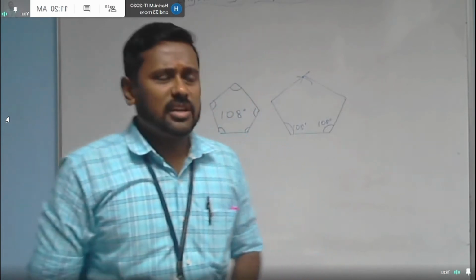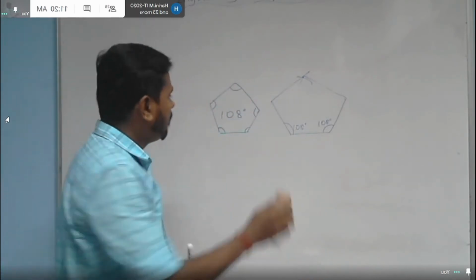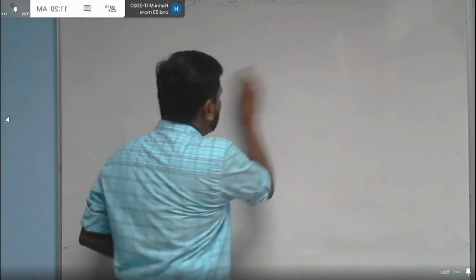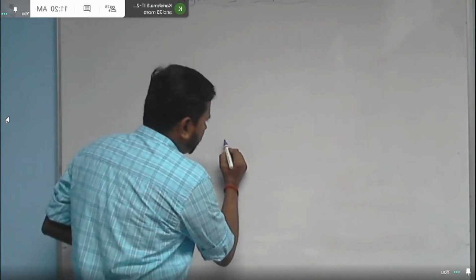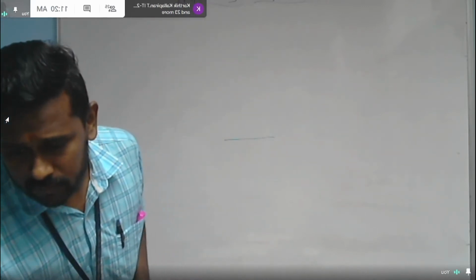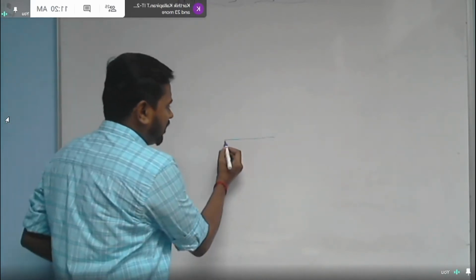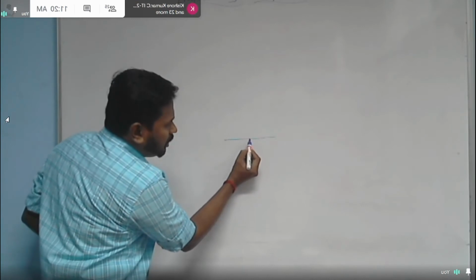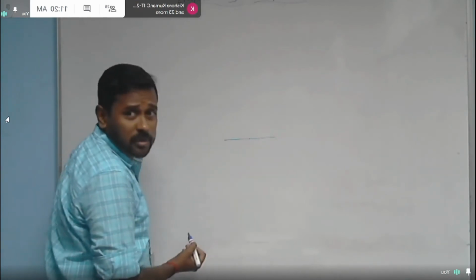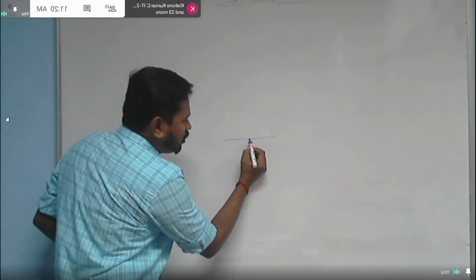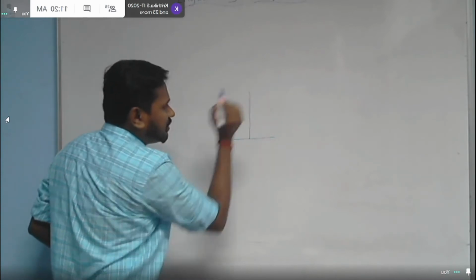Another method is: first you need to draw one side of the pentagon with the given length, and then at the midpoint of this side, draw a vertical line.